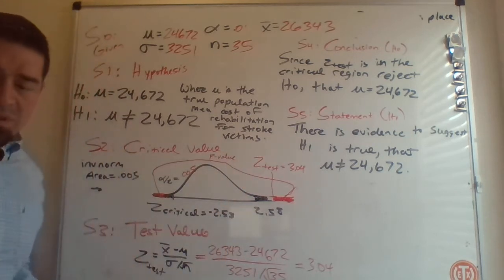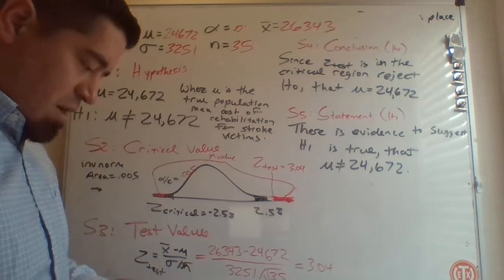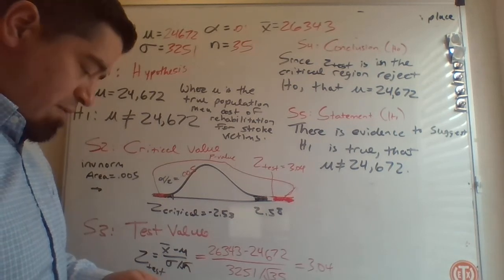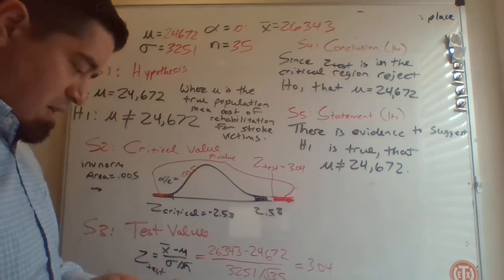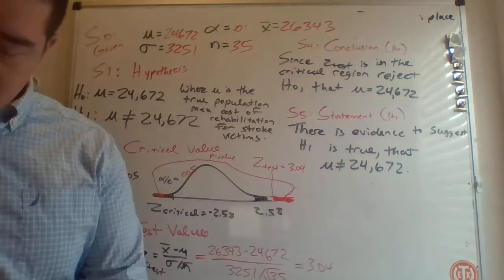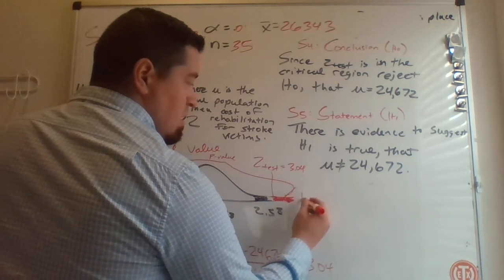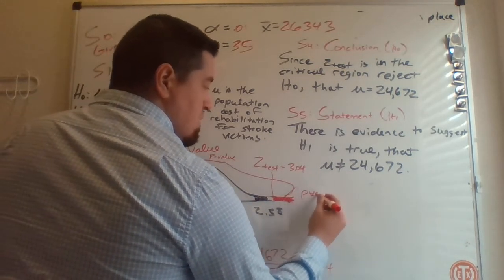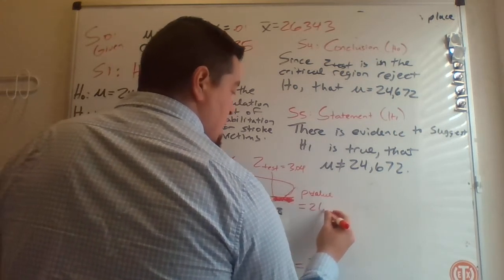Okay, so then I would do normal CDF. So I'm going to do that, second vars, normal CDF from 2.58 to infinity, E99, and I end up with 0.005. Okay, but like I told you, p-value equals 2 times 0.005, right?